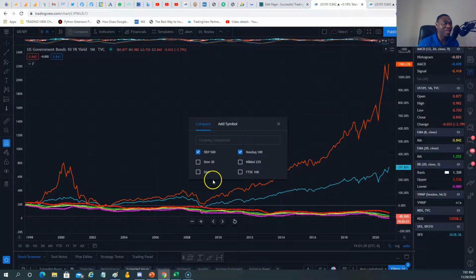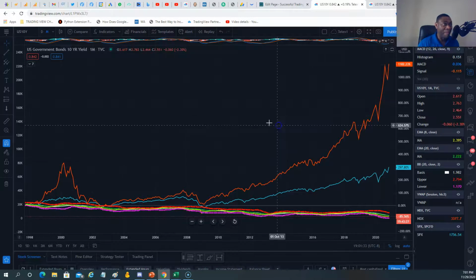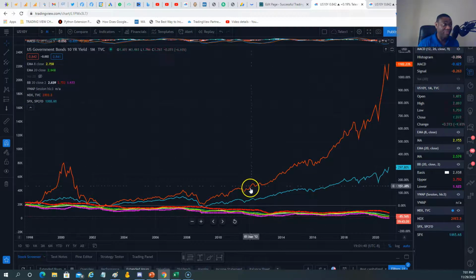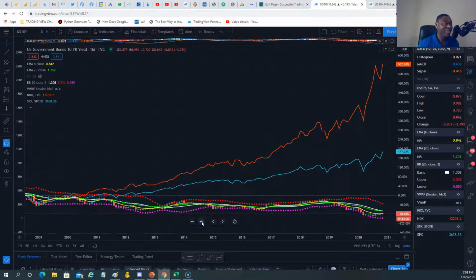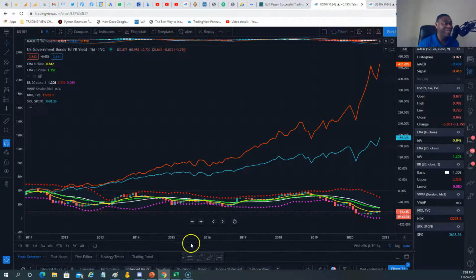Let's actually click both. This is what has been going on, folks. In red, because I already know that this is the technology index, look what it has done. This is the broader market with the 10 sectors, the 500 most influential companies. And then this is the 10-year yield on here. So you can compare this as you will, right?